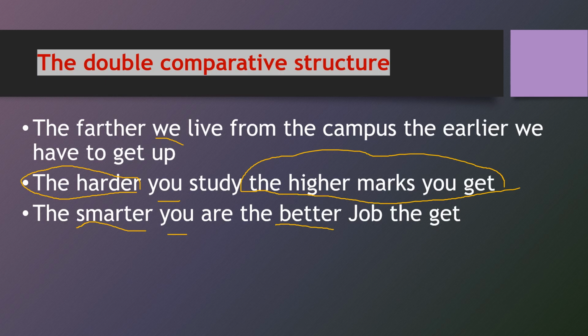This is the comparative thing. And then in the next place, we have the comparative degree earlier. Again, we have the subject, and after that you have the verb and the complement. So this is the structure. You can look at the details of this structure in your book on page 315.